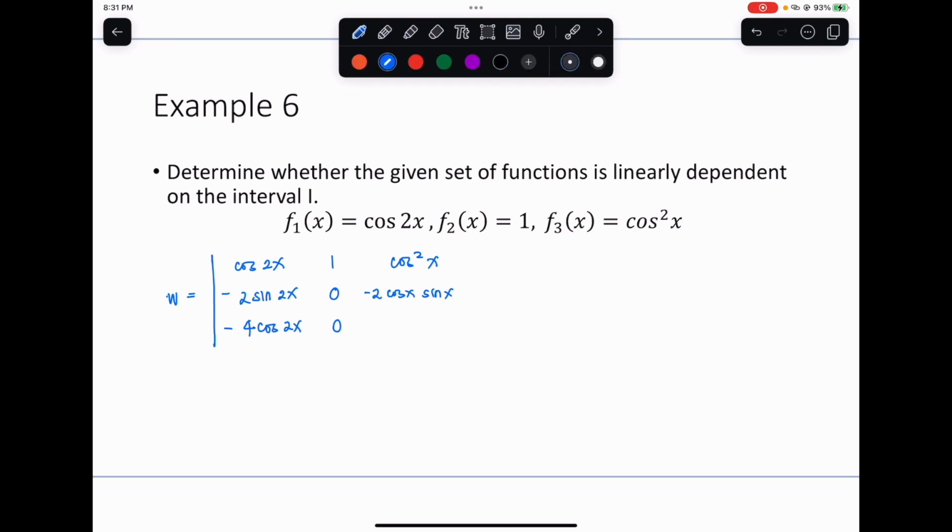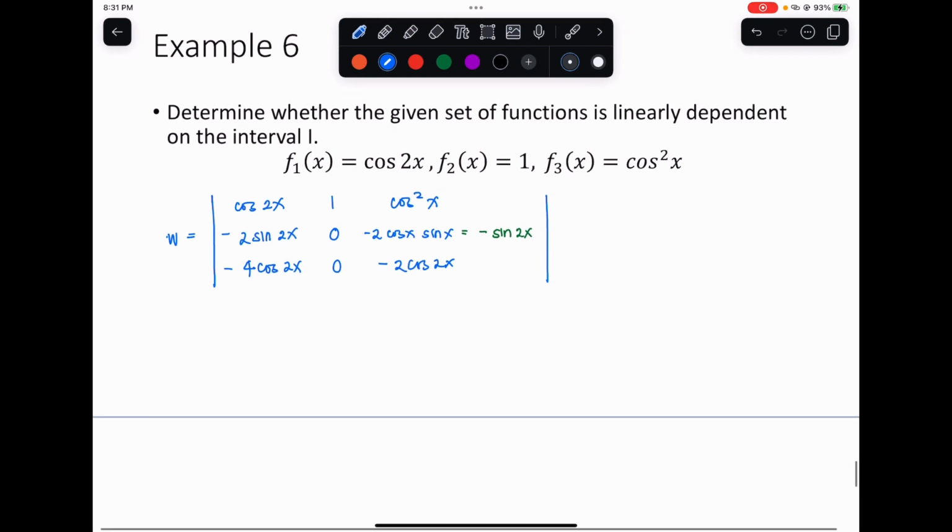But recall that this is a double angle: 2 sine x cosine x is the same as sine 2x, so using the identity, that's negative sine 2x. That's the one that we're going to derive. The derivative of negative sine 2x: the derivative of sine is cosine, so negative cosine 2x, times the derivative of 2x, which is 2. So negative 2 cosine 2x.